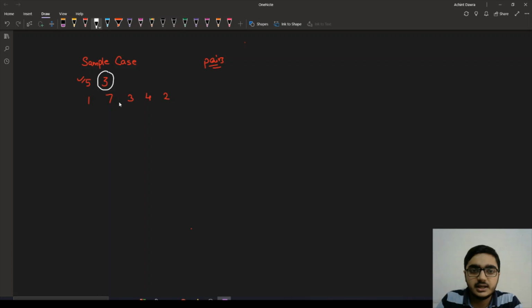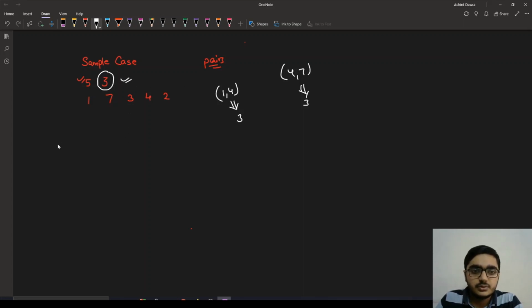If I take the pair 1 comma 4, or the pair 4 comma 7, the difference of these pairs is 3, which is equal to our given k. So in this way we have to form all the possible pairs in this array such that the difference comes out to be k.